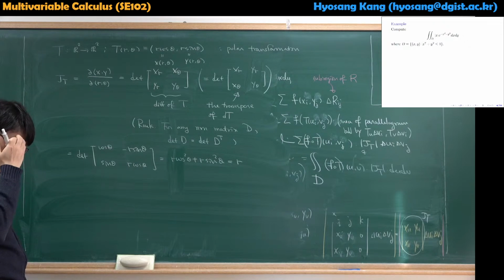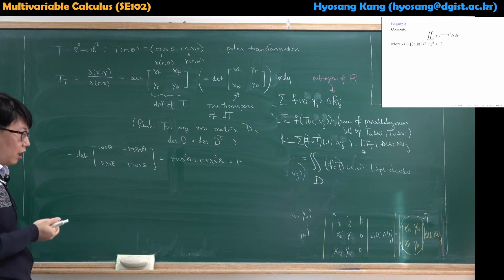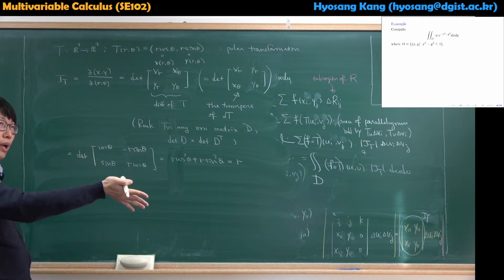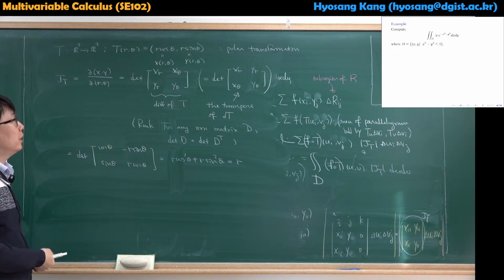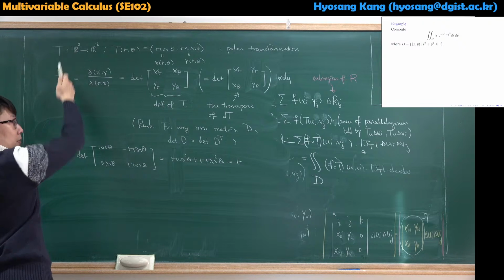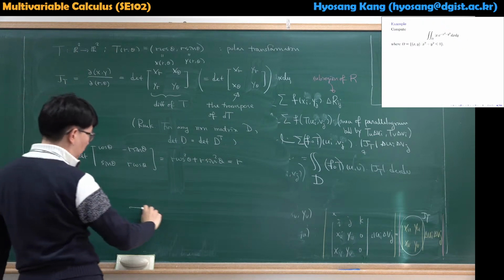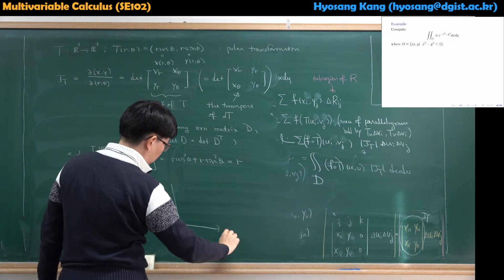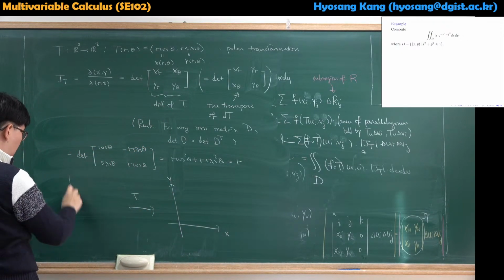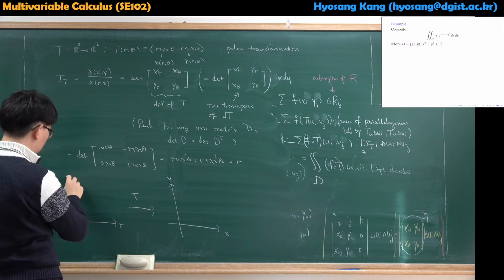So think about the transformation. r and theta can be any number, but usually we take r as a positive number, and theta can be anything. But in order to have a one-to-one transformation, you cannot take any r and any theta inside of the domain. For example, let's say we have the xy plane here, and the polar transformation, and here we have the r theta plane.